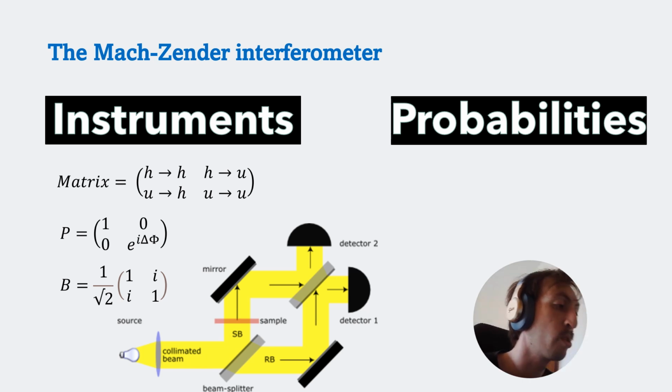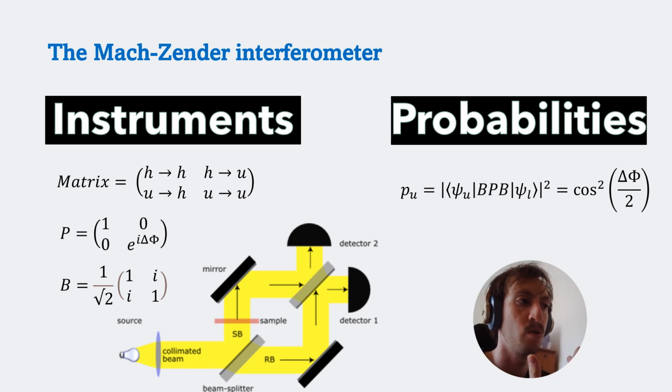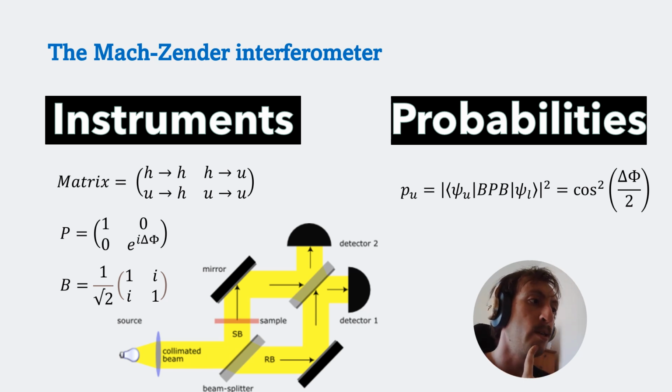So we now have our matrices describing how the state of a photon is altered. And so now we can get probabilities. For the probability of finding a photon going to detector 2, and that is its last step being travelling upwards, what we do is take the initial state, because initially, due to the collimated beam or lens, the photon has to be travelling horizontally.